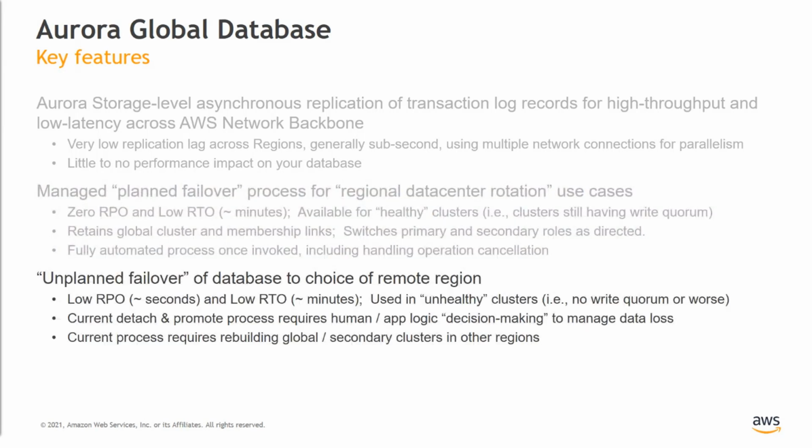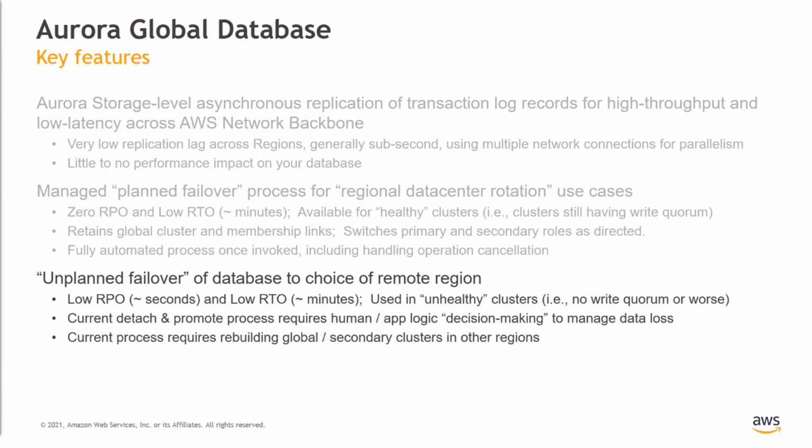We also have unplanned failover models with very low RPO, as you can tell from my previous example of replicating from Australia to London with replication lag of 500 milliseconds. You can keep the RPO very, very low. Today we use a detach and promote process.